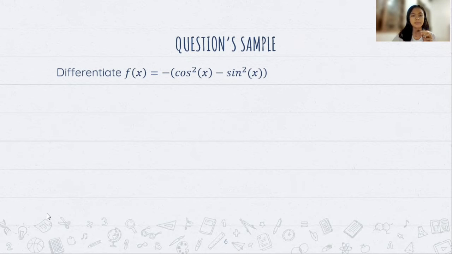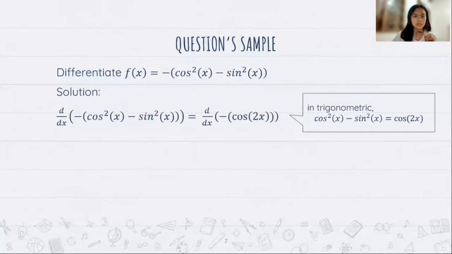The first sample question is: differentiate the function f(x) equals minus cosine squared x minus sine squared x. The solution is d over dx of minus cosine squared x minus sine squared x equals d over dx of minus cosine 2x.